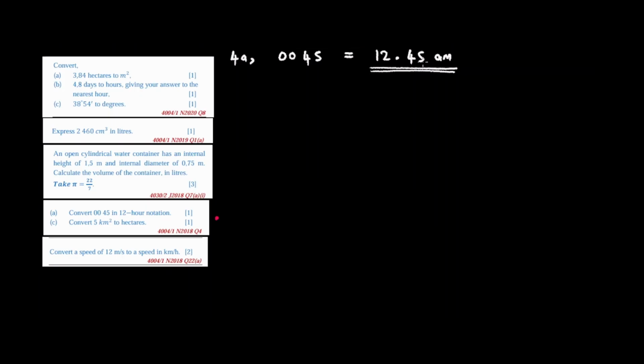Okay, then C iri kuti convert 5 square kilometers to hectares. So we want to convert 5 square kilometers to hectares. How do we do that? Visualize.